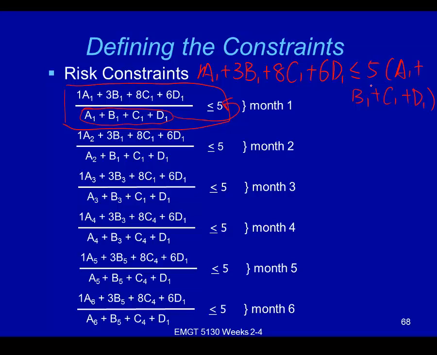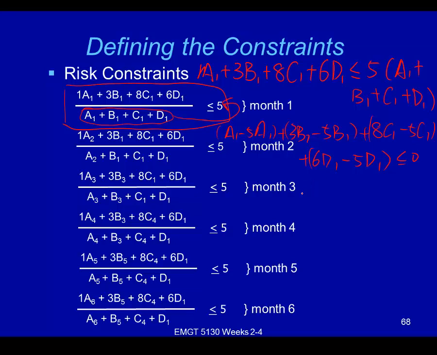Further simplifying means moving the right-hand side to the left. So it would be A1 minus 5A1 plus 3B1 minus 5B1 plus 8C1 minus 5C1 plus 6D1 minus 5D1 less than or equal to 0.